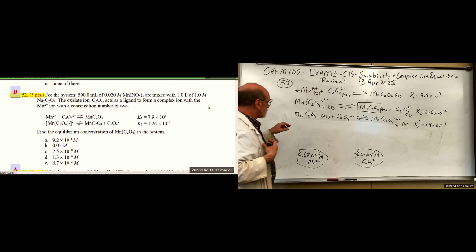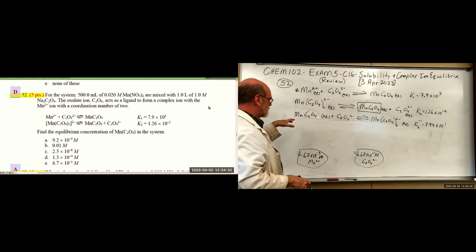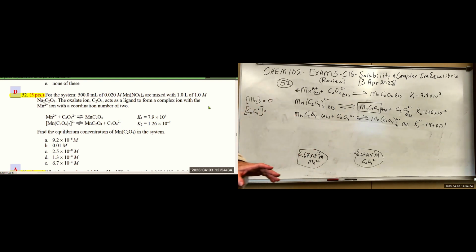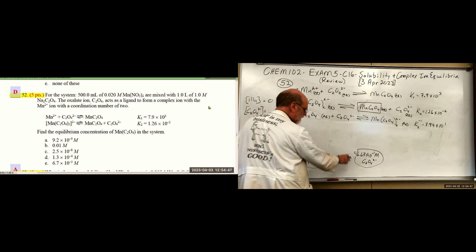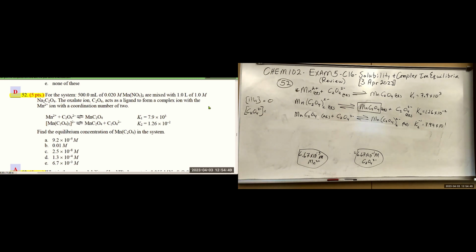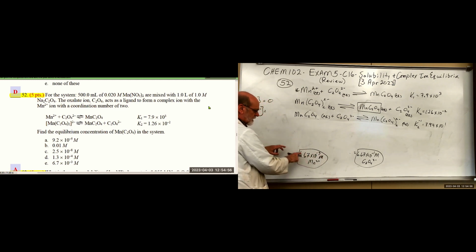Well, with every manganese that disappears, we lose 2 oxalates. For every one of these that's gone, we lose 2 of those.